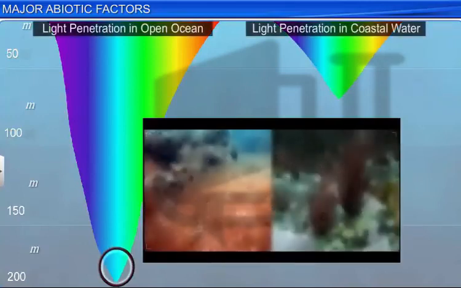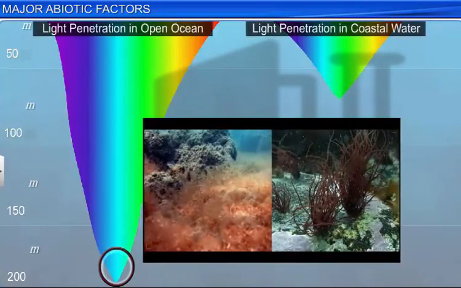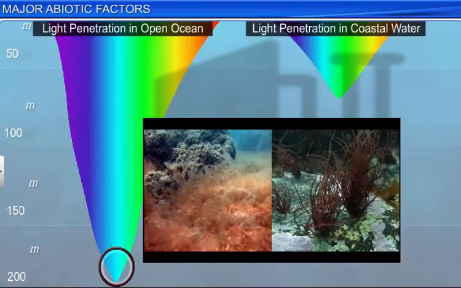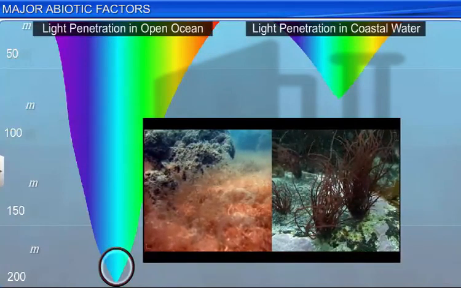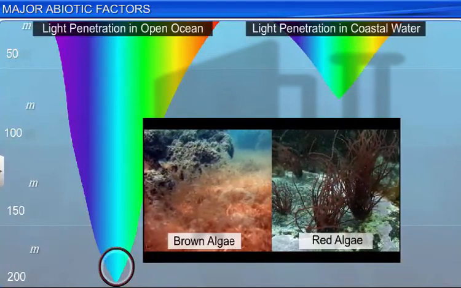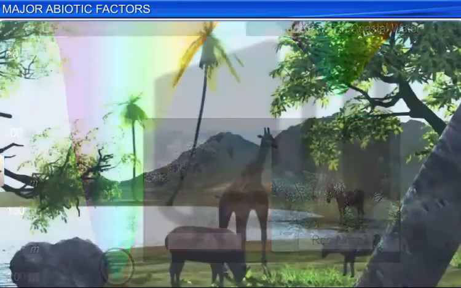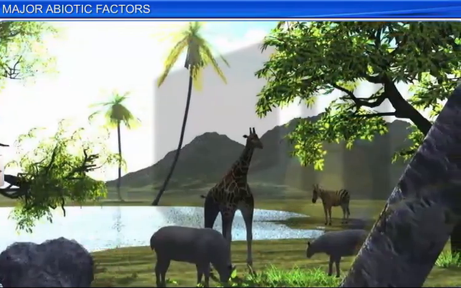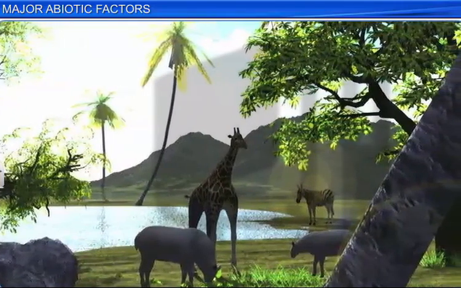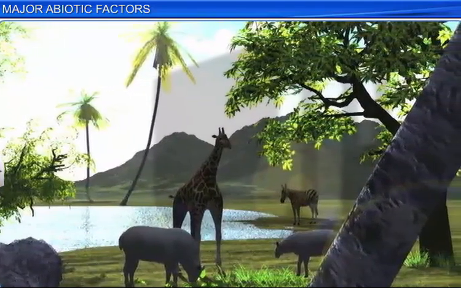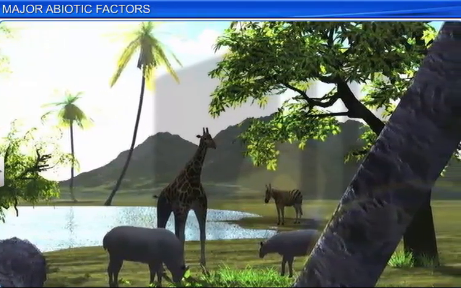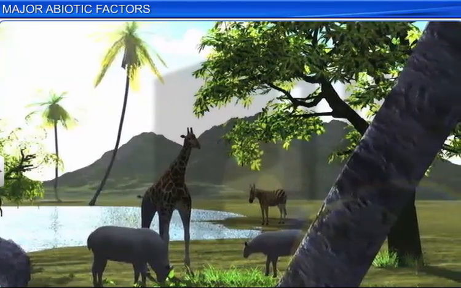Thus, photosynthesis in deeper waters occurs with blue and green rays, which are absorbed by the brown and red algae on the seabed. Interestingly, as the sun is the source of both light and temperature, the availability of light on land is closely linked with the temperature at any given place.